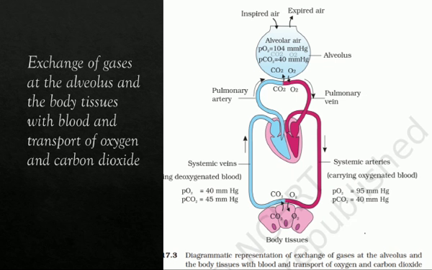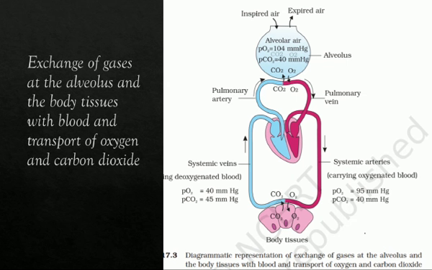So glucose molecules will take oxygen and convert it into carbon dioxide and water. So here you will notice that in the tissues, carbon dioxide is present in more amount than oxygen. Now you watch that in systemic veins, partial pressure of oxygen is less, but partial pressure of carbon dioxide, that is 45 millimeter, is more.